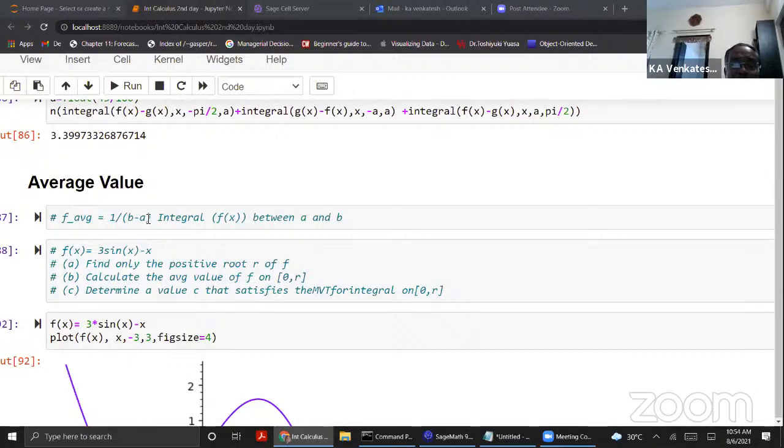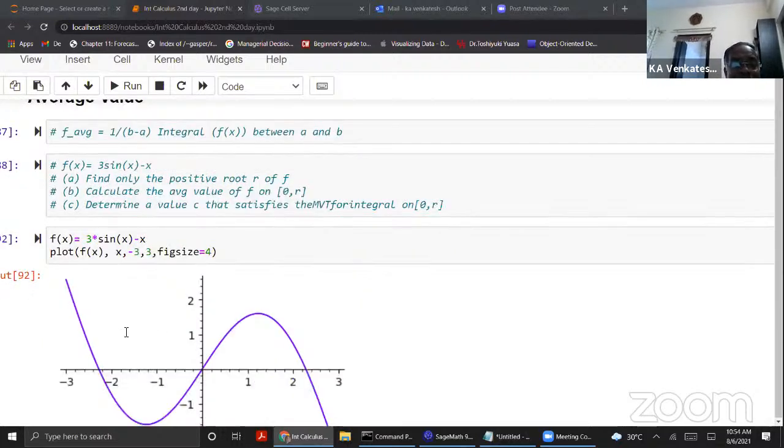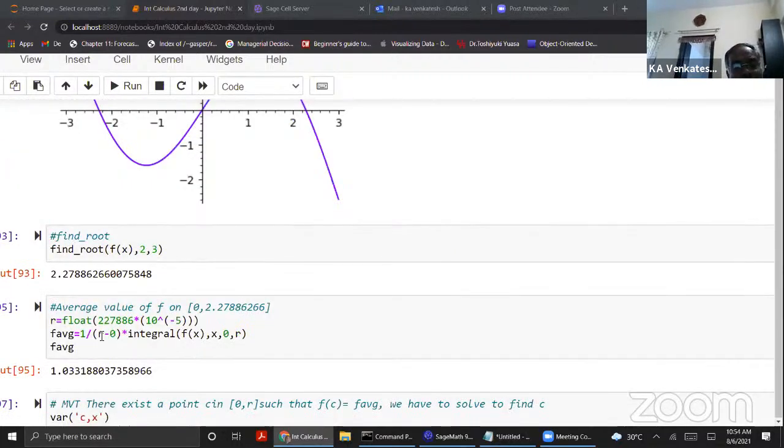So it is 1 by that times the integral of f of x, which is 3 sin x minus x, between 0 and r. If you put that as one line, the average value is obtained. So f average equals 1 by r, where r is already defined, times the integral of f of x with respect to x from 0 to r, which is 1.031.